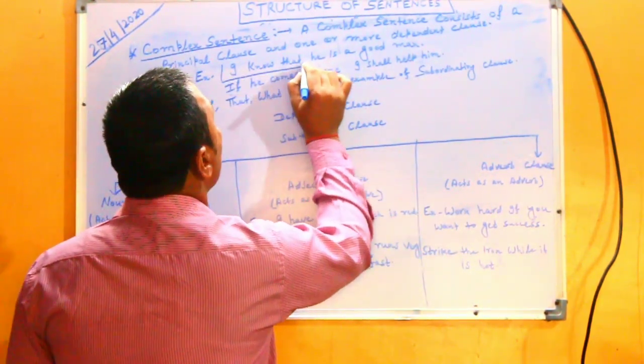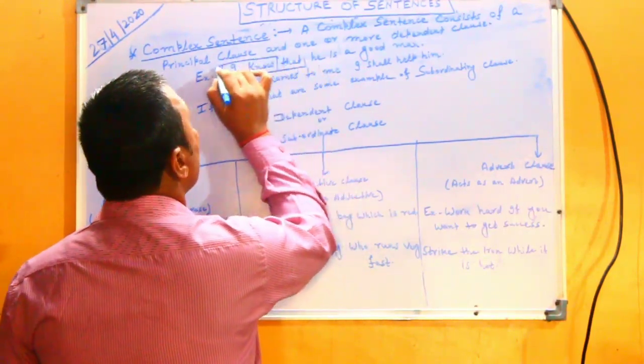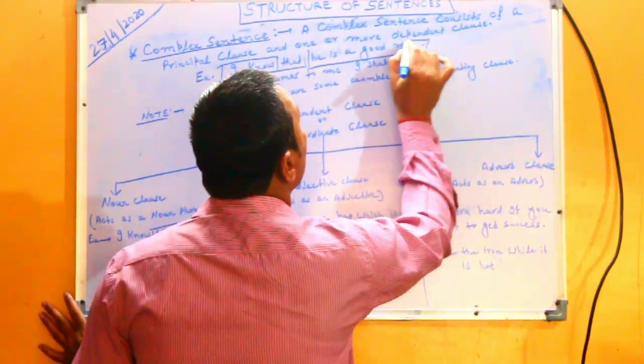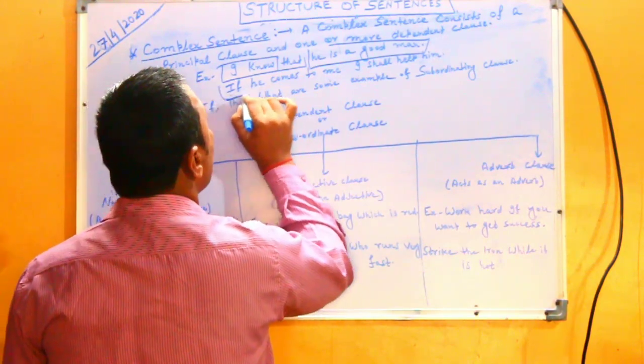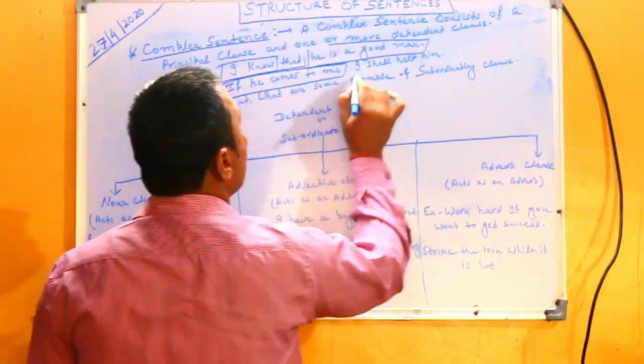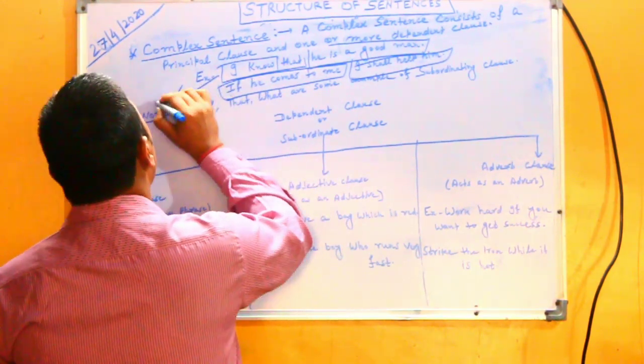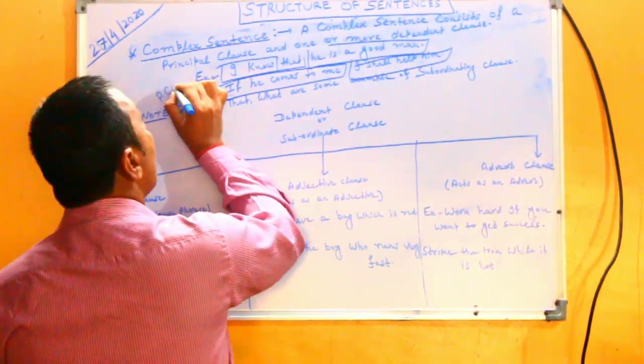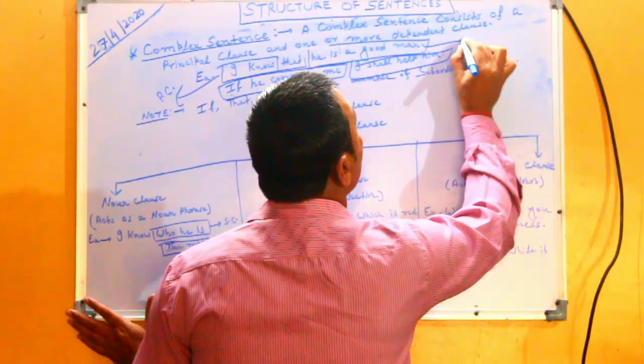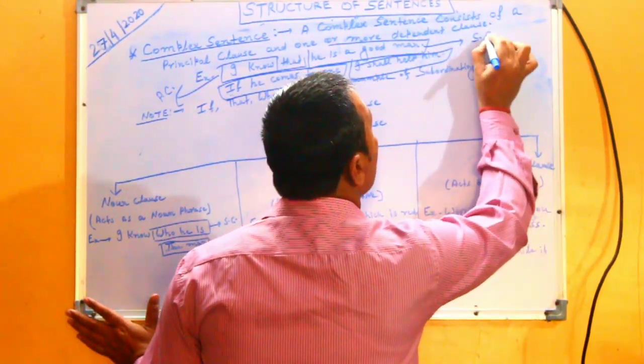Here we have two clauses. In this sentence, two clauses. This one is principal clause and this one is subordinate clause.